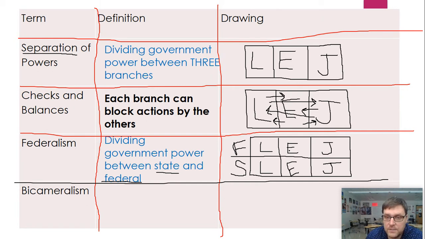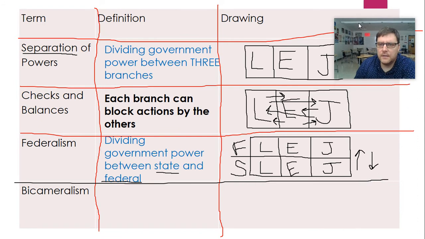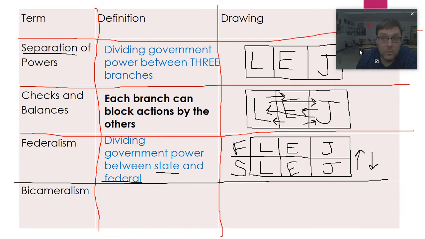And look, we could have all these checks and balances going back and forth, but we could even draw arrows up here. The states sometimes get to check the federal government. The federal government sometimes gets to check the state government, and the states sometimes get to check the federal government and vice versa. So power is divided up a lot, and that's not it.